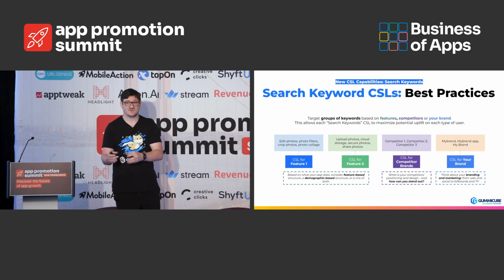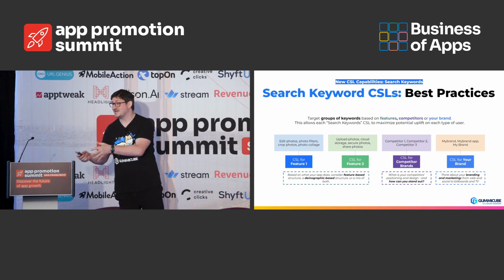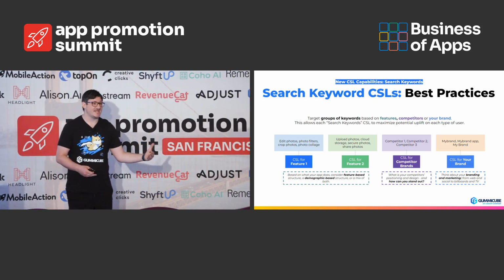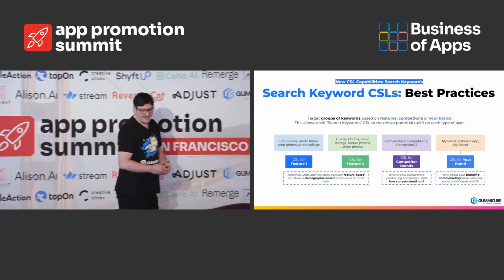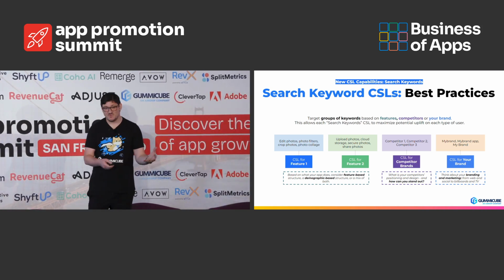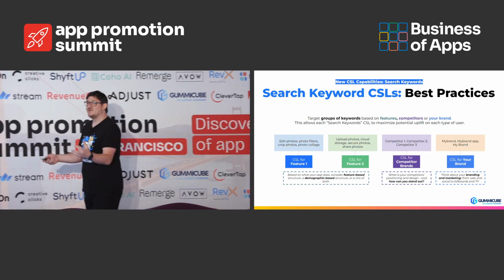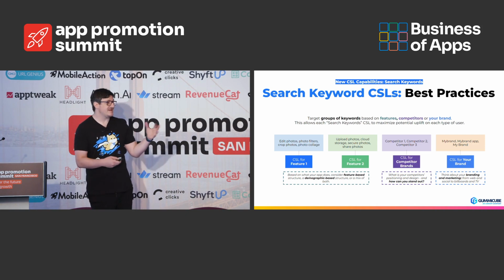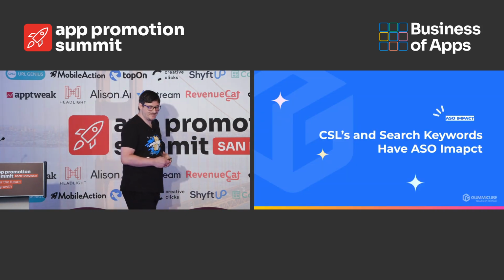Well, you can have custom store listings tied to that drive from your website that now today could be different from what you have on your main store listing to convert organic users, which is really important. So here's an example, a photo app, edit photos, would be one idea, right? Cloud photos, where I store my content, might be another idea. And then separately, you have competitors and brands and things like that.